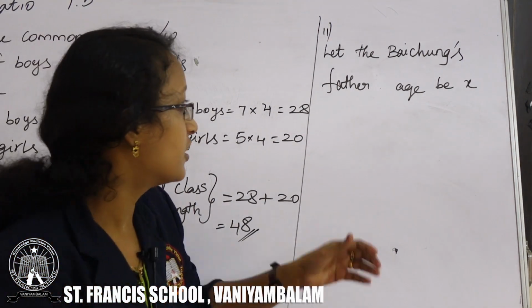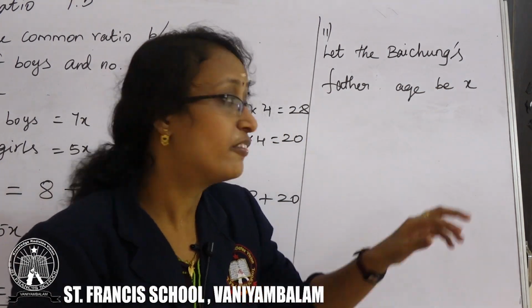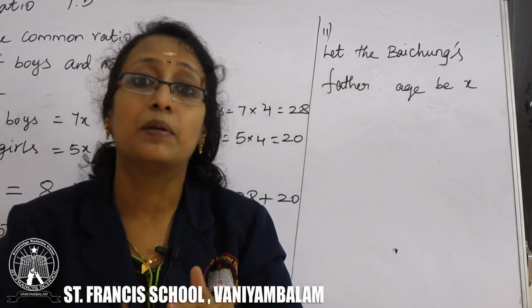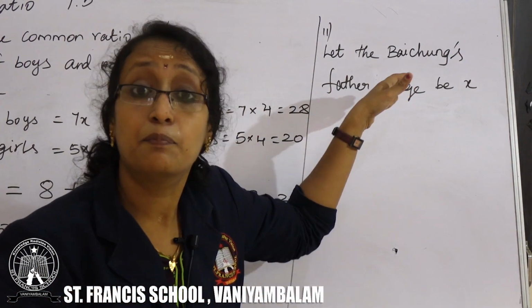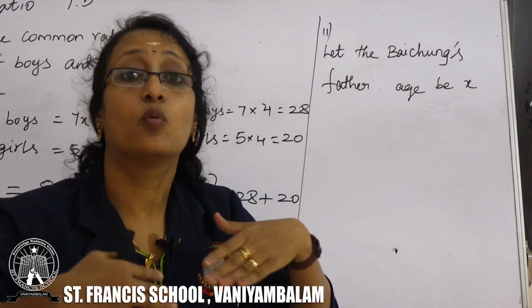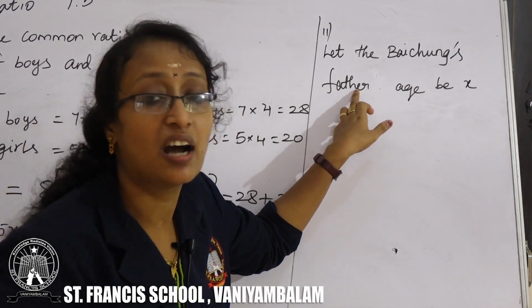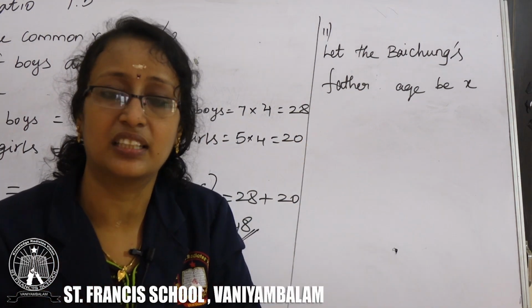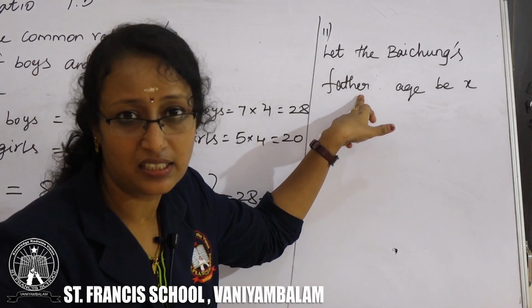Got it? Children, let us take Baichung's father age be x. If he is x, what will be the grandfather's age? He will be more than the father or less than the father? Since he is the father of Baichung's father, right?